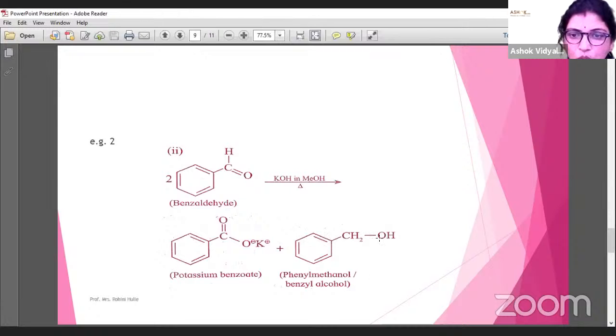See, CH2OH attached to this benzene ring is known as benzyl alcohol. And one is oxidized to potassium benzoate. Why potassium here? Because we use KOH as a base. This is another example of Cannizzaro's reaction.